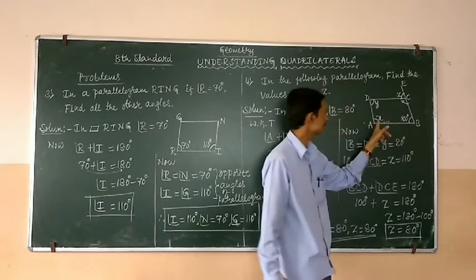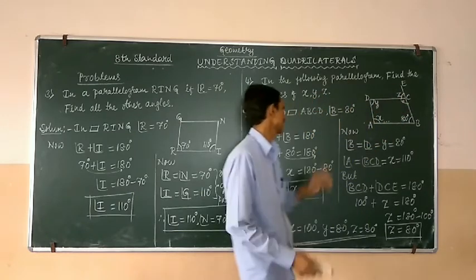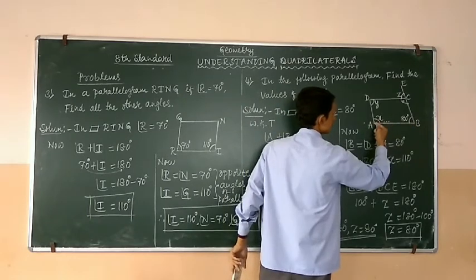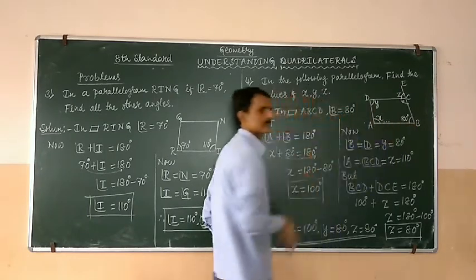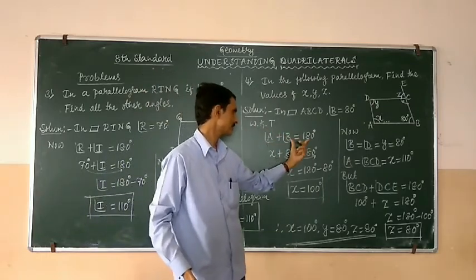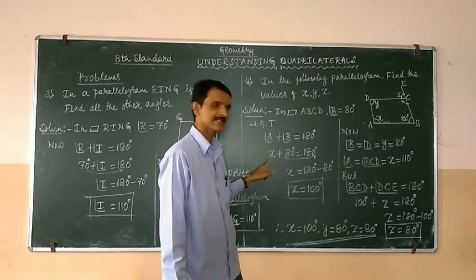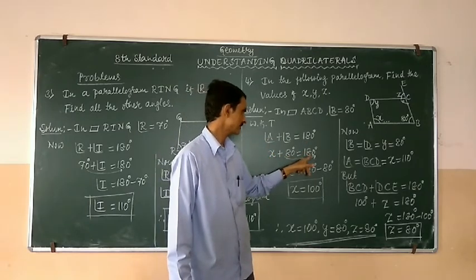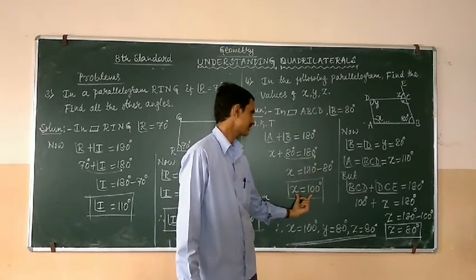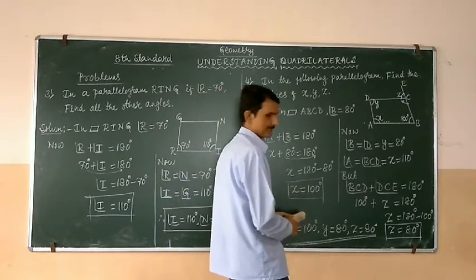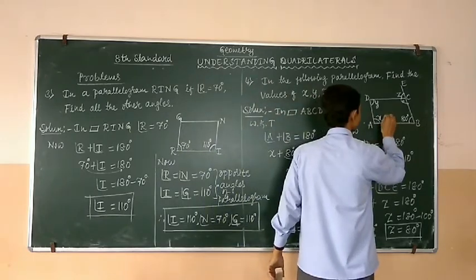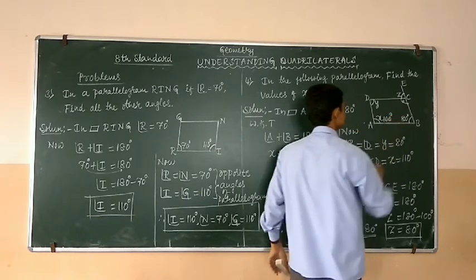We have to find the values of x, y, and z. Again, by using the angle property, the sum of adjacent angles is equal to 180 degrees. Therefore, angle A plus angle B equals 180 degrees. A means x, so x plus 80 equals 180 degrees. So x equals 180 minus 80, which is 100 degrees. Therefore, we got the value of x, it is 100 degrees.